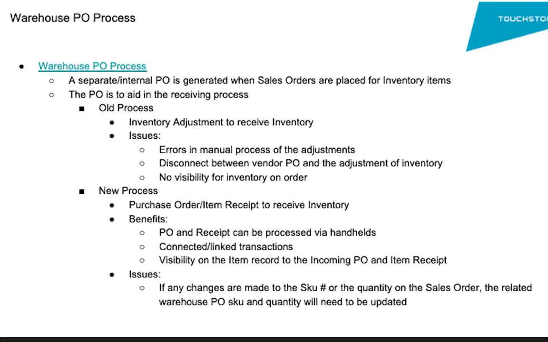With the warehouse PO, it's also kind of considered a shadow PO because it's more or less just an internal purchase order once you place your vendor purchase orders for incoming inventory.